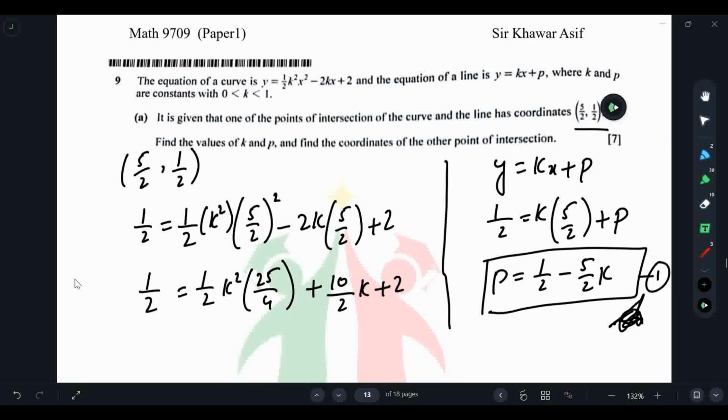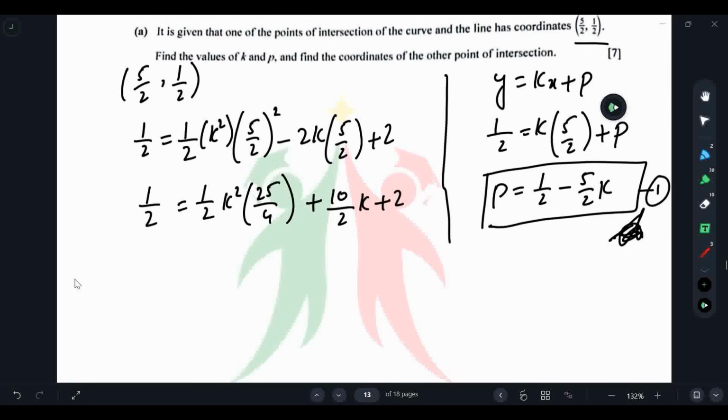Now if we simplify it further, this will be equals to 25 by 8 k square plus 5k plus 2 minus 1 by 2 is equal to 0. I have just shifted this thing to the other side.